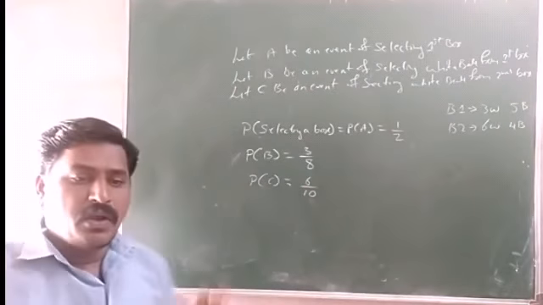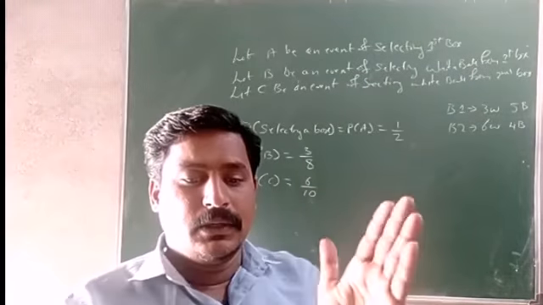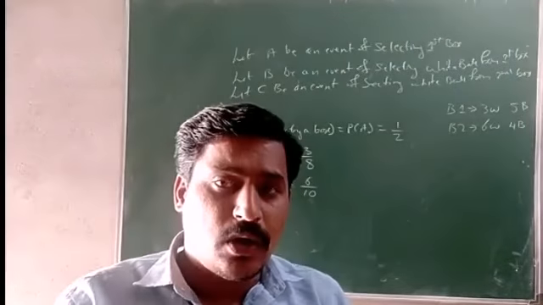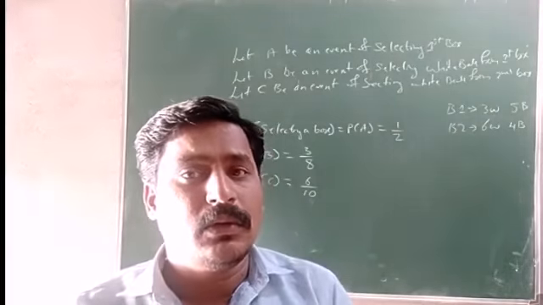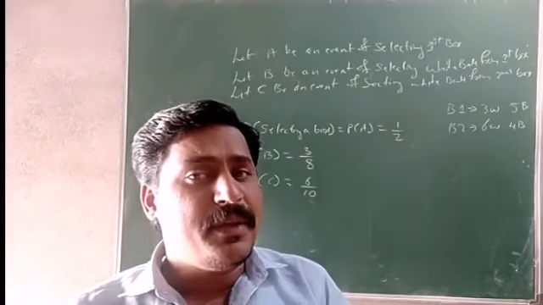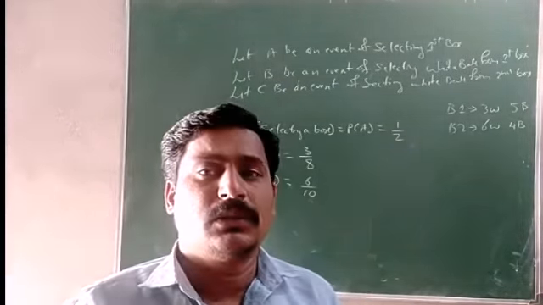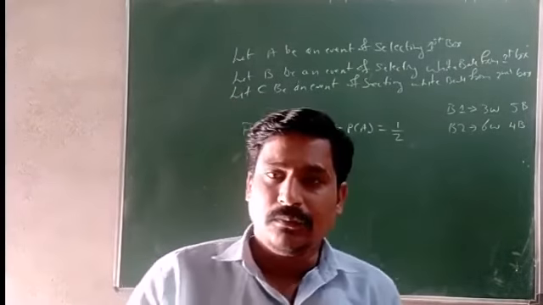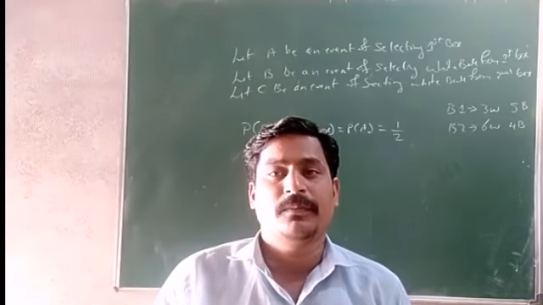Now the question is, find the probability that a drawn ball is white. So the drawn ball is white. It may be from the first box or it may be from the second box. So here it is an addition theorem question.